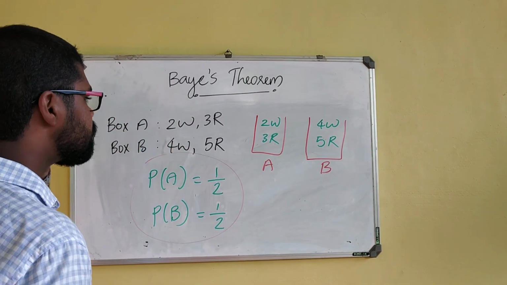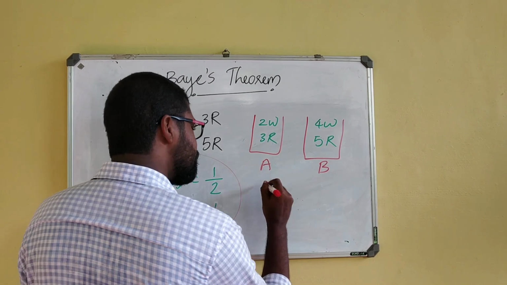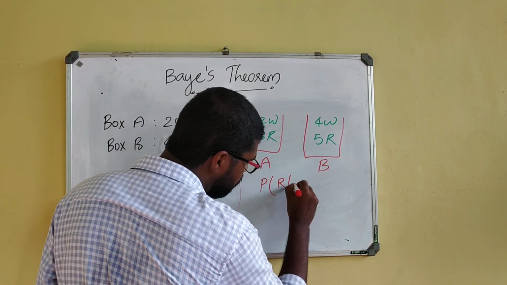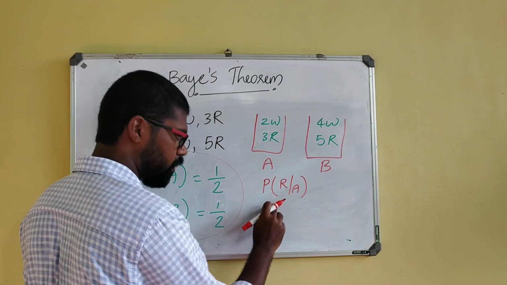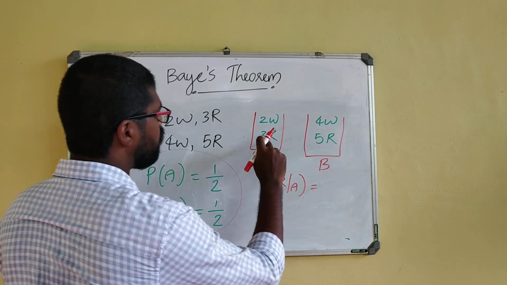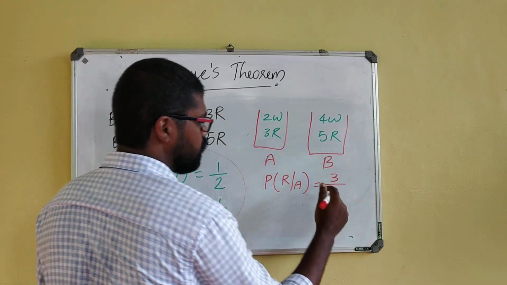Now let's use the conditional probability. Our question is choosing a red ball. What is the probability of choosing a red ball from box A? In box A we have 3 red balls and there are only 5 balls.